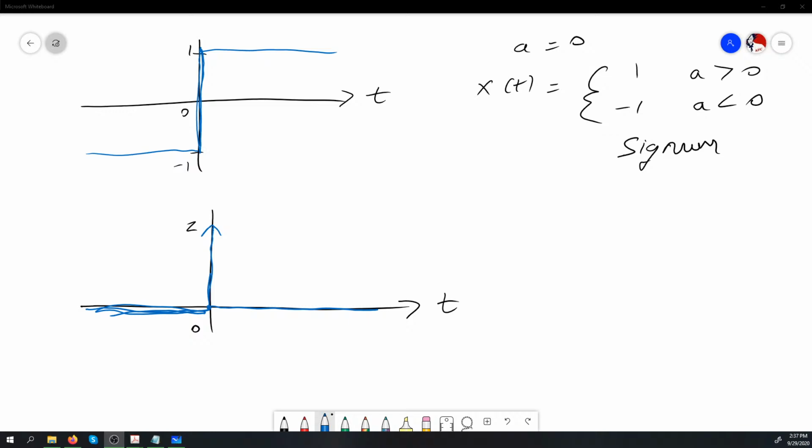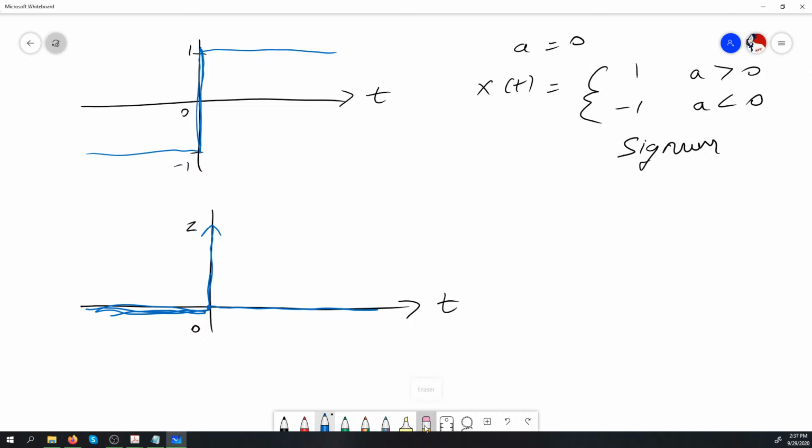So this basically is going to be the answer for our signum function, where if we say basically a here, it's going to be 0. So just to make things a little clearer, instead of us saying a is more than 0, the t here is just replaced by a.